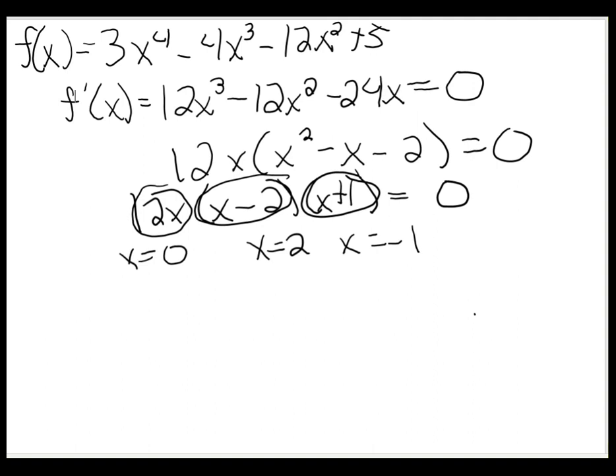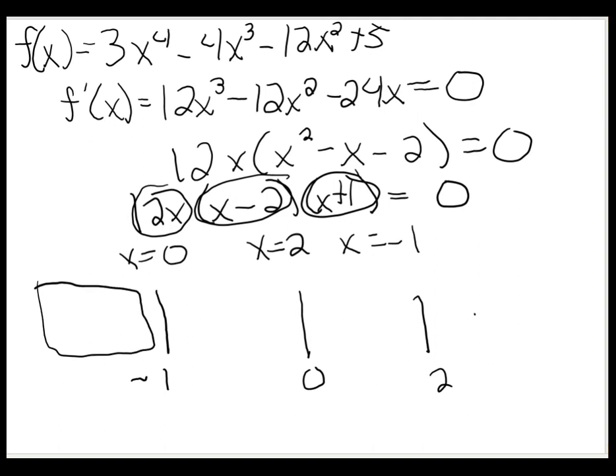So how does that help? Well, that's our critical numbers. So if I'm going to order them, first you have -1, then you have 0, then you have 2. So these are our critical numbers, and then I'm going to think about this in terms of a number line. And this first area over here is going to be for all my numbers that are less than -1.